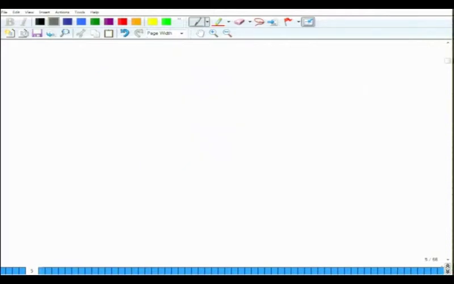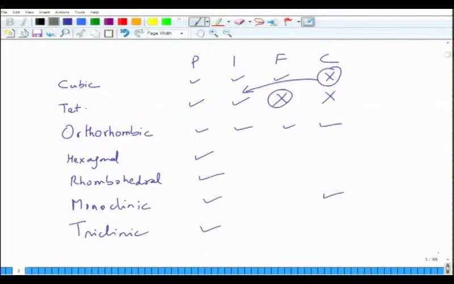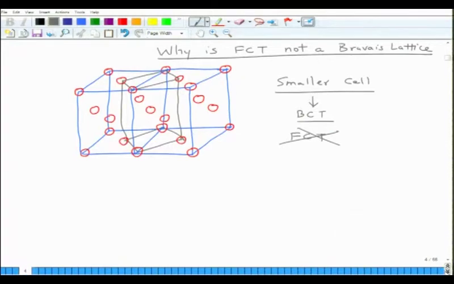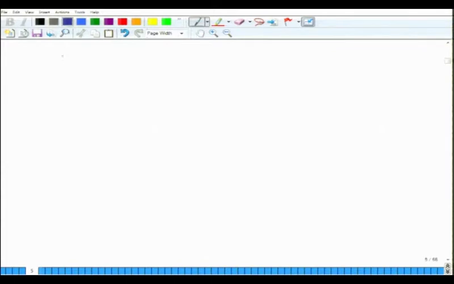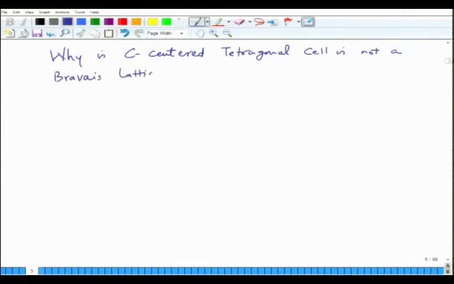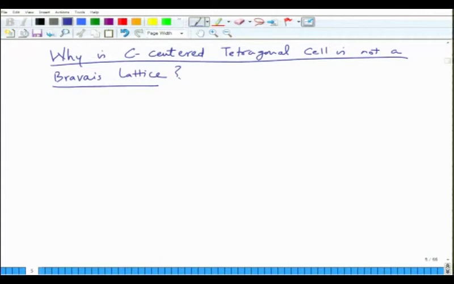Now, if you go back to the table, you can say that this F is nothing but I. Similarly, why is C centered tetragonal cell not a Bravais lattice?